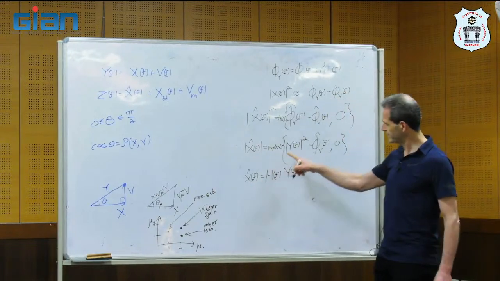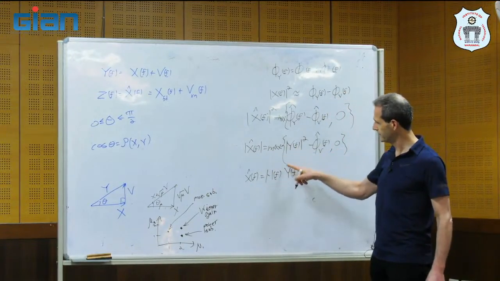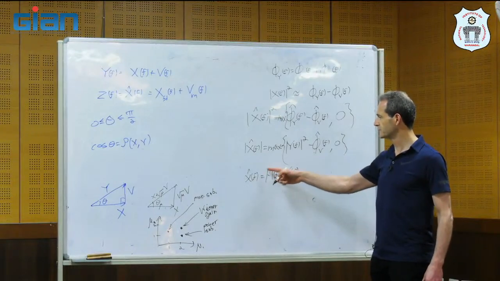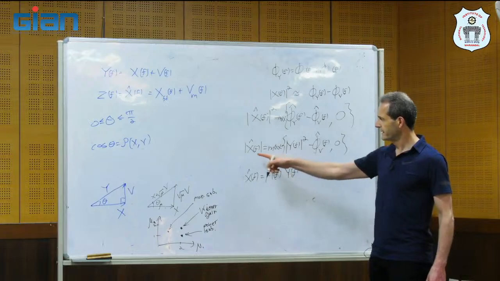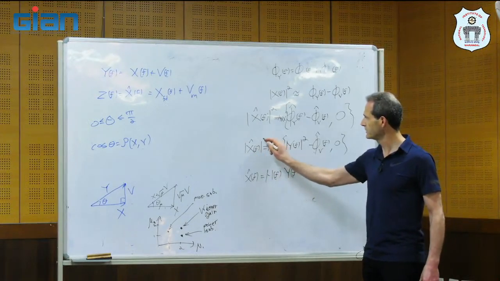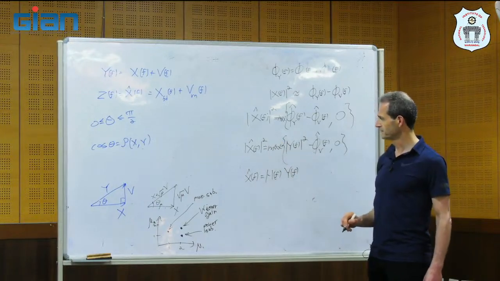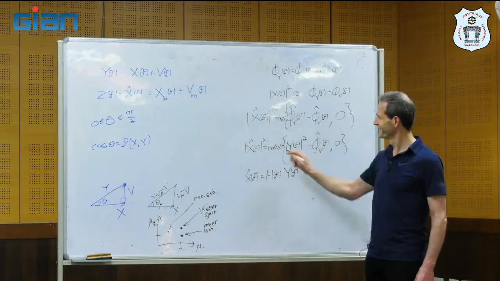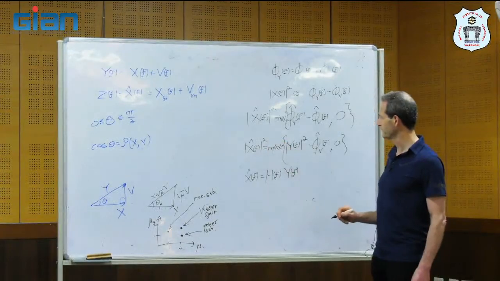So if I divide it by Y, okay, and if I assume that it's positive, it looks like that. But I don't have to assume that it's positive. Here the squared is missing. Okay? You need to correct me if there is some mistake. Okay? Here, so you have the squared here.